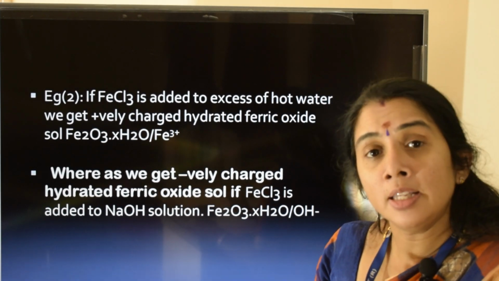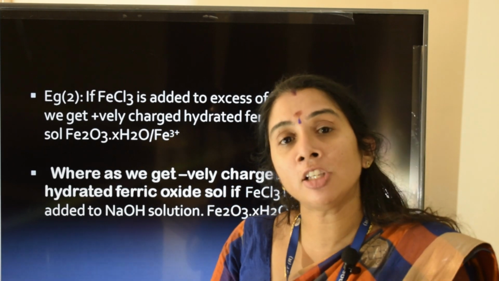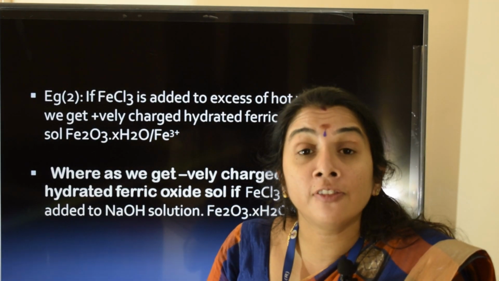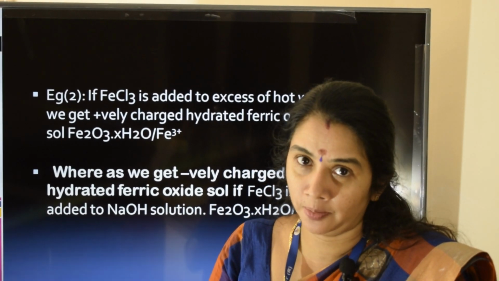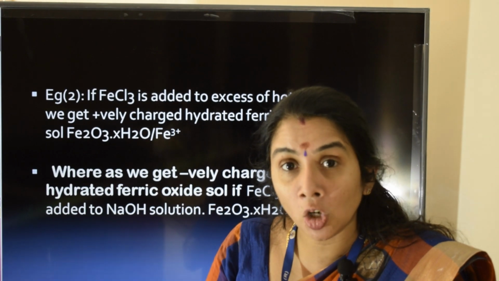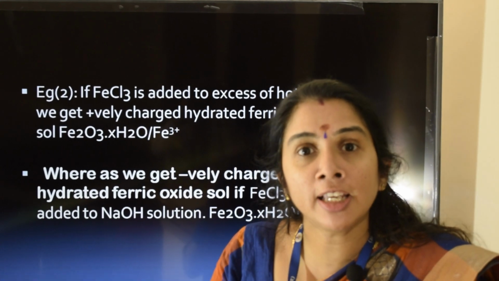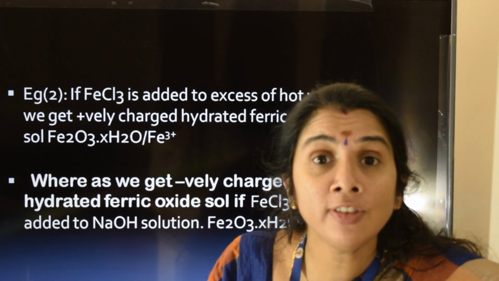But in the same case, we can convert this into negatively charged colloids. How? If ferric chloride is added to sodium hydroxide solution, we will get hydrated ferric oxide sol, but it is negative in charge.